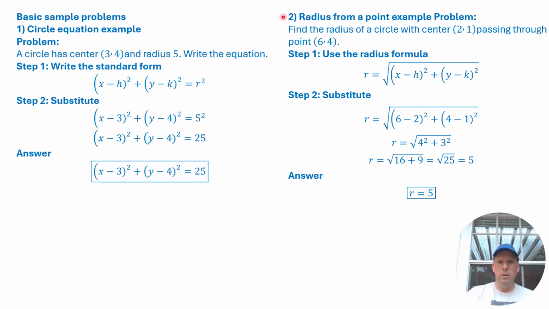And then to get the radius from a point, let's find the radius of a circle with center (2, 1) passing through the point (6, 4). So you use x and y as your point, and your center is going to be your (2, 1) that you put in for the h and the k. So then you get that the radius works out to 5. That's how you do this second formula.